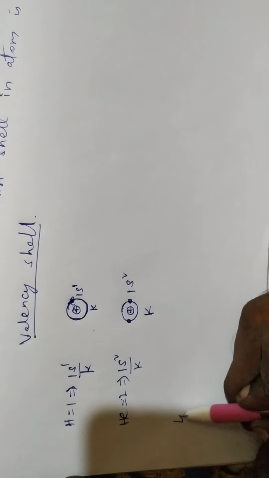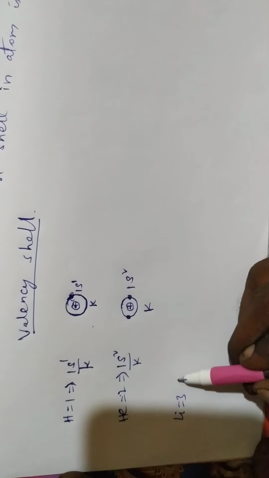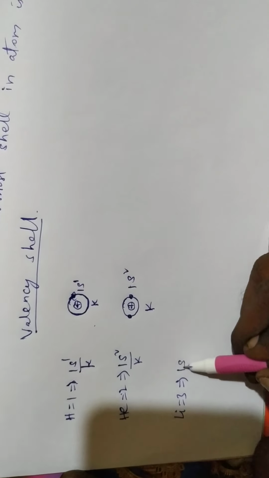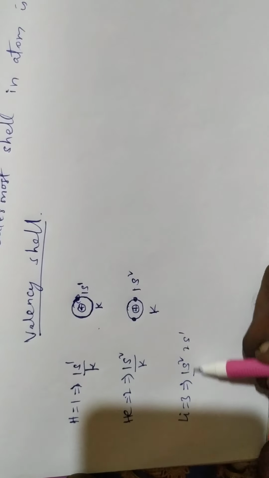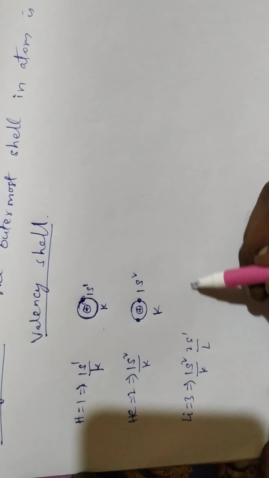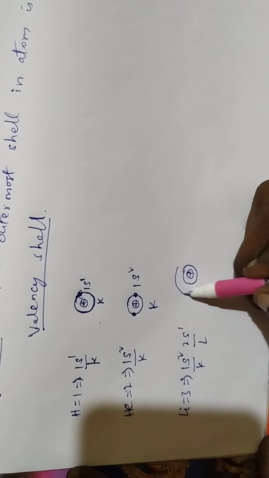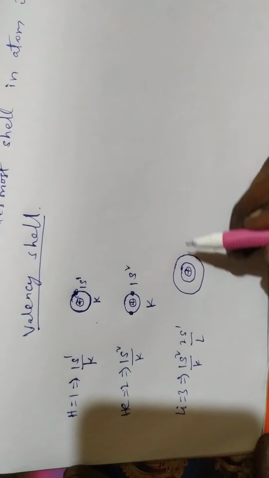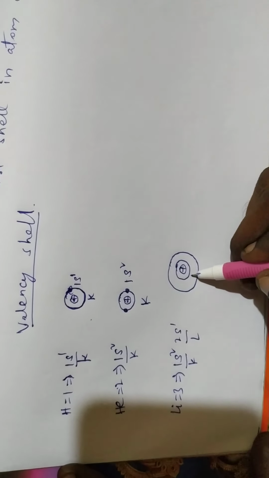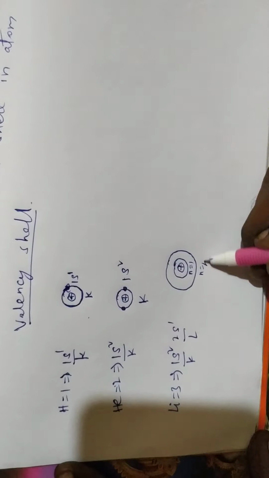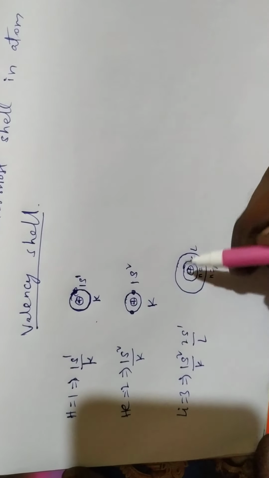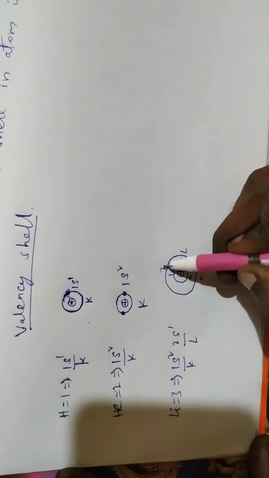Now lithium. Lithium atomic number is 3. So electron configuration is 1s2, 2s1. It has a K shell and an L shell. This is the lithium atom, nucleus and orbitals. So this is the n is equal to 1 shell, n is equal to 2 shell, K shell, L shell: 1s2, 2s1.